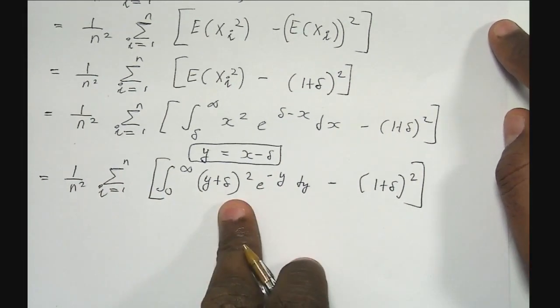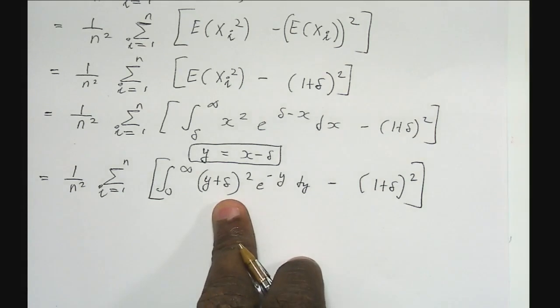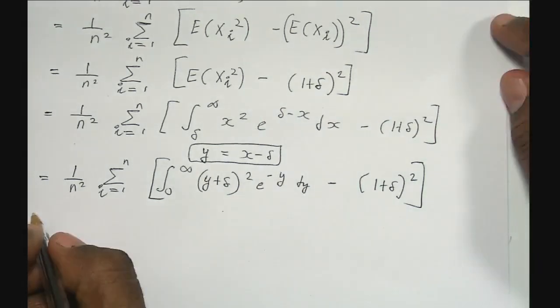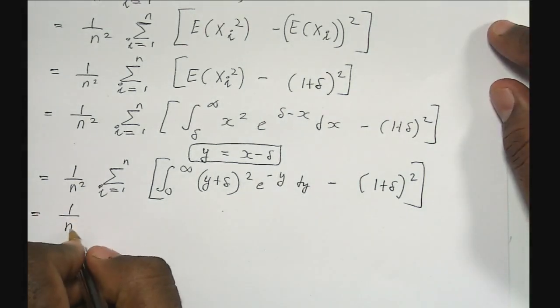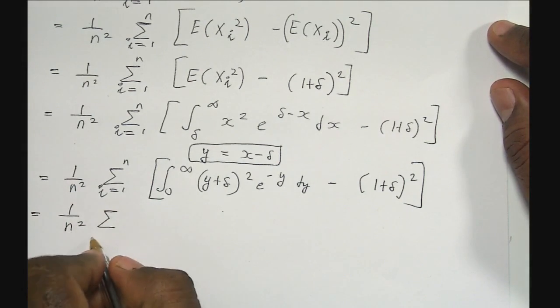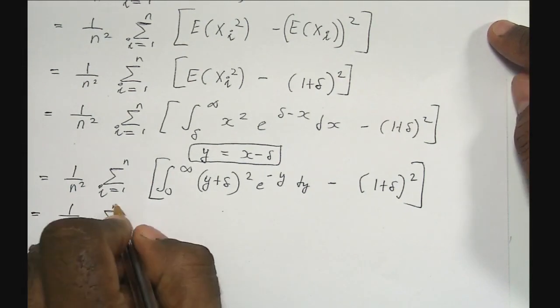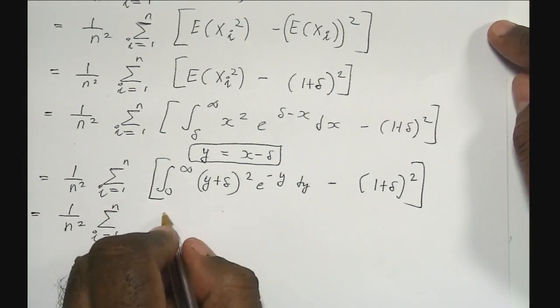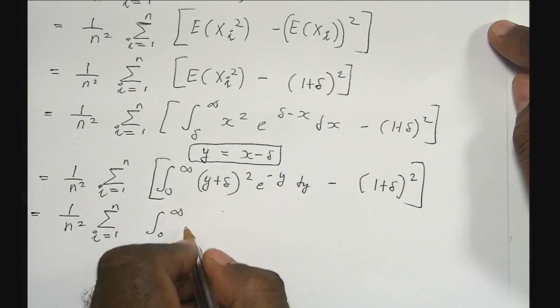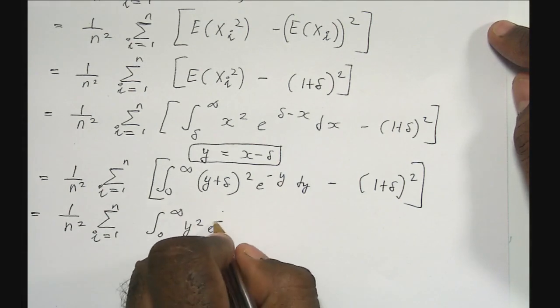Now if you open the brackets here, you get three terms, so you get three different integrals basically. The first integral will be 0 to infinity of y squared e to the minus y dy.